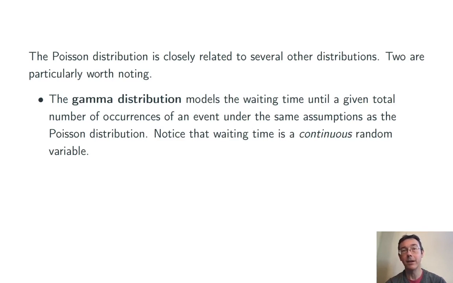These are easy to get confused when you're in an introductory stats class. The most important thing to keep in mind when you're trying to tell apart which one to use in a given situation is that the gamma distribution is going to be modeling a continuous random variable. Waiting times can be anything in an interval, while the Poisson distribution corresponds to a discrete random variable: 0 occurrences, 1 occurrence, 2 occurrences, and so on.